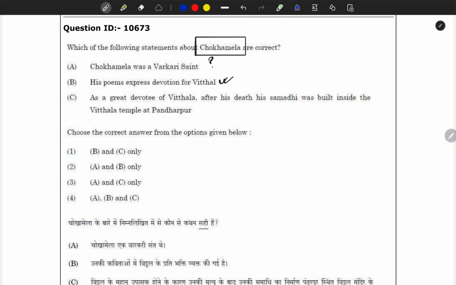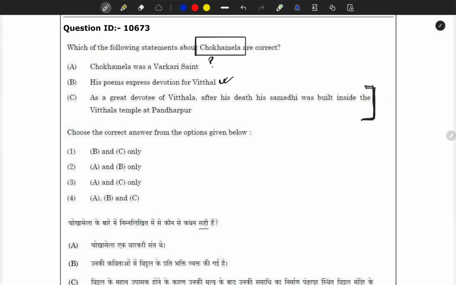As a great devotee of Vithala, after his death, his samadhi was built inside the Vithala temple at Pandharpur. So, isn't it a paradoxical statement, given that he belonged to a lower caste? Leave that fact.